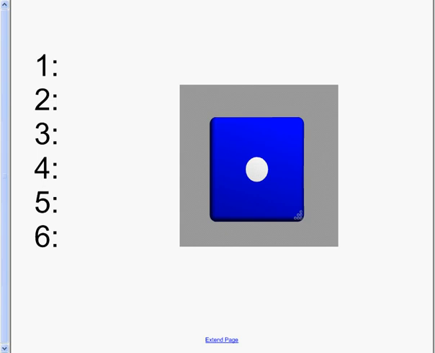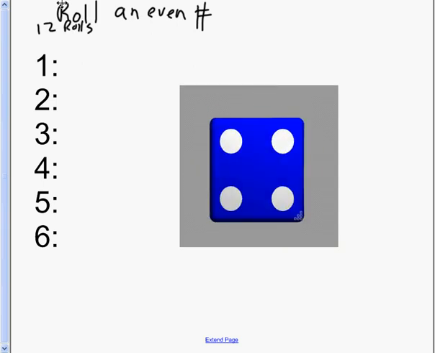Now we are going to do that experiment. We're going to see how many times we roll an even number. So we're going to roll 12 times. So 12 rolls. We'll record them. So we've got a 4.